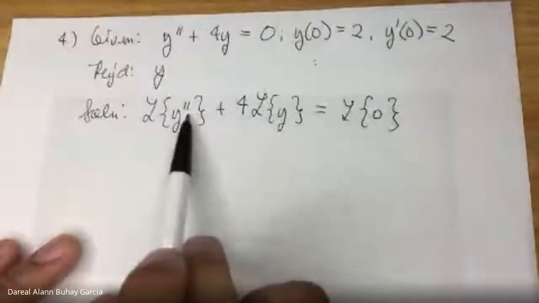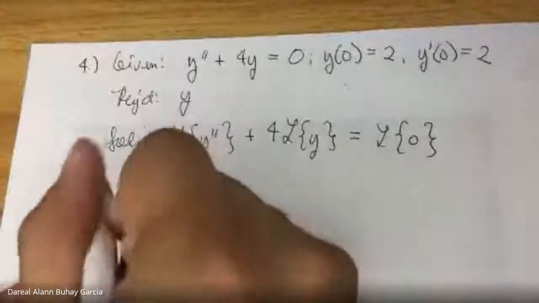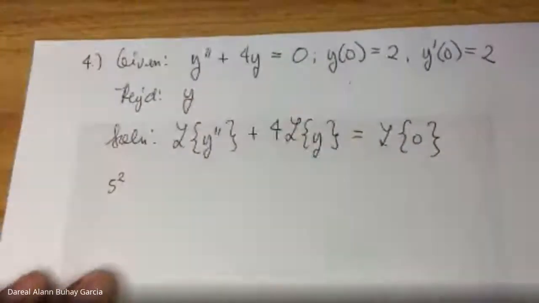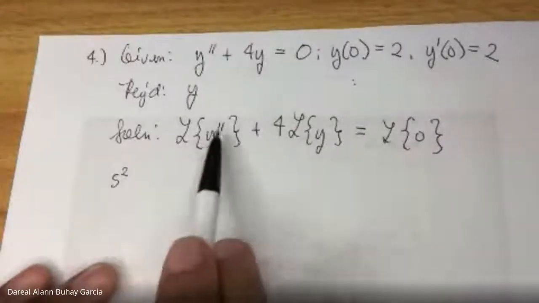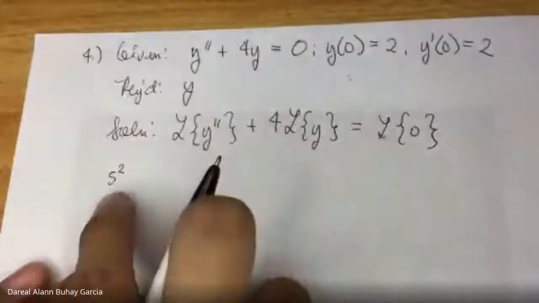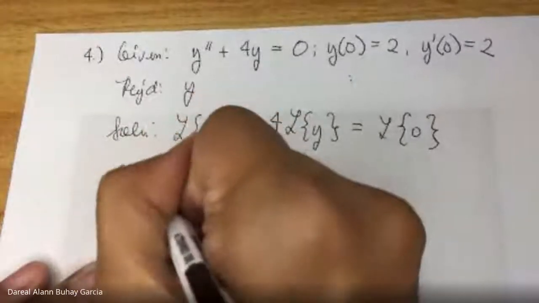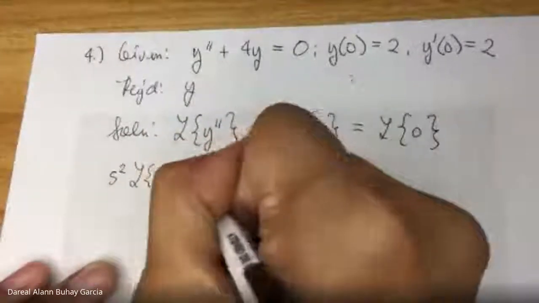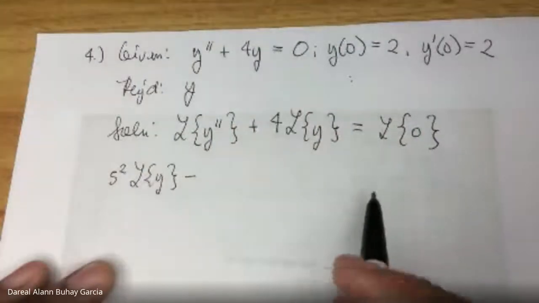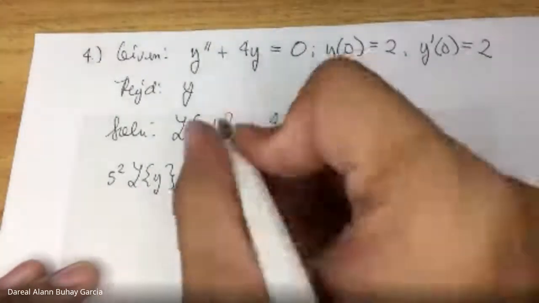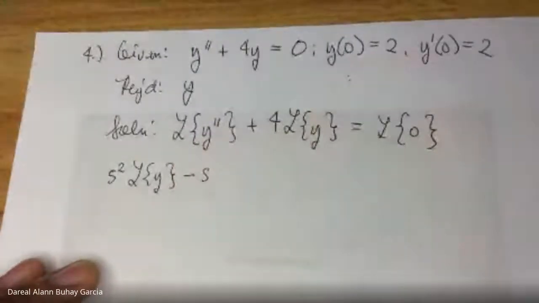For y double prime, it's always s squared times the Laplace of y, always the coefficient of the highest s, minus the initial value conditions. But s has not been reduced yet.